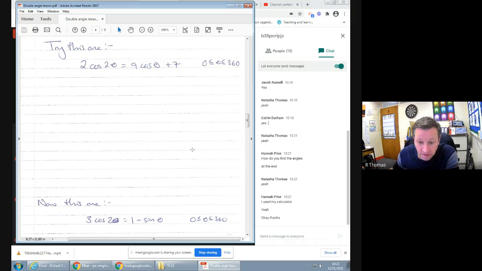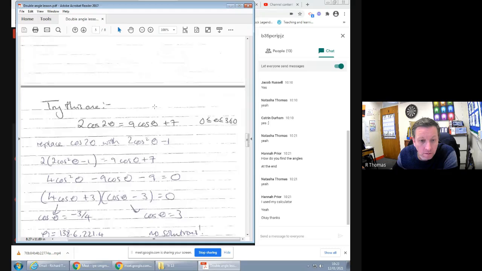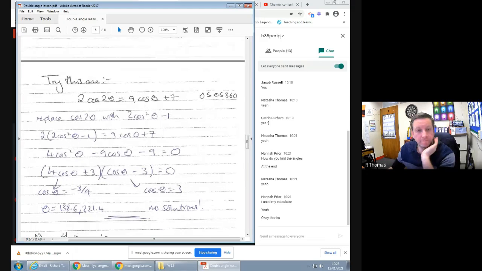Right, let's have a quick look at the answers to this one then. So, I replaced the double angle in cos with 2 cos squared theta minus 1 because I could see that down the line I'm going to rearrange all of that and create a quadratic.